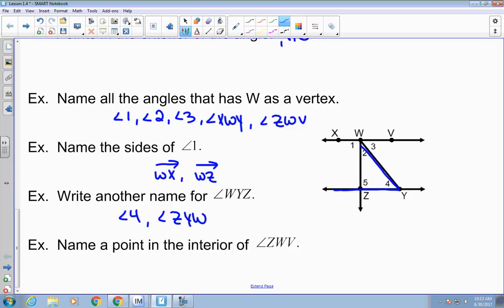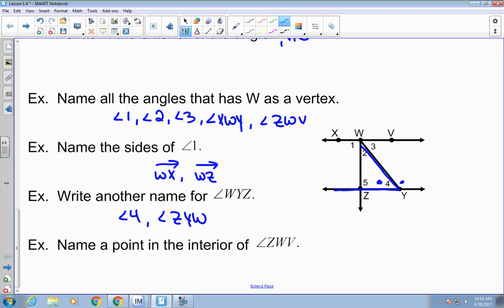Y is just a vector. Okay, well, Y is a point, it's the vertex. What did you say, James? There's no other angle you see. Well, there is another angle, though. There is one right here. See? So I couldn't use Y, because if I said Y, I wouldn't know if I was talking about this angle or that angle, right? Okay, so I wouldn't be able to just use that vertex.